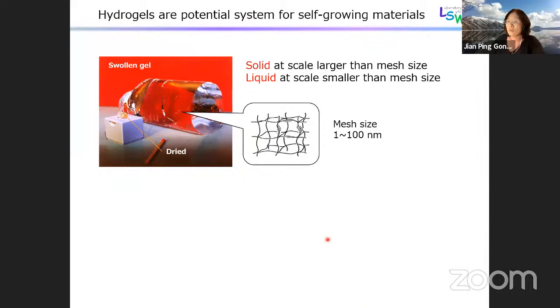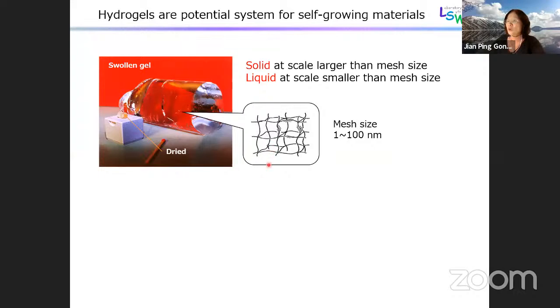Furthermore, because hydrogel is a solid on the macro scale, and it's a liquid or a solution on the micro scale, as a solid it can transmit stress very efficiently. And as a liquid, it can load monomers just like a nutrient.